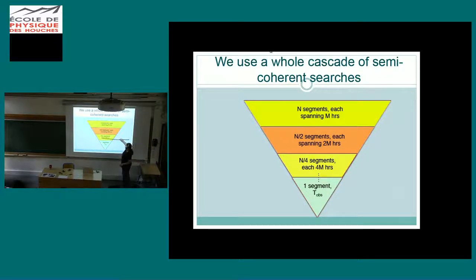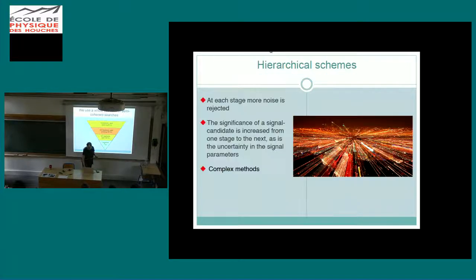The ones that survive get passed to this stage, where we concentrate on the surviving candidates with a search that is more computationally expensive still, now going up to 4 times the initial coherent segment length on one quarter of the segments, until we go down to a small fraction of the parameter space. On these few surviving points we do a fully coherent search, which is now feasible just because we have fewer points in parameter space.